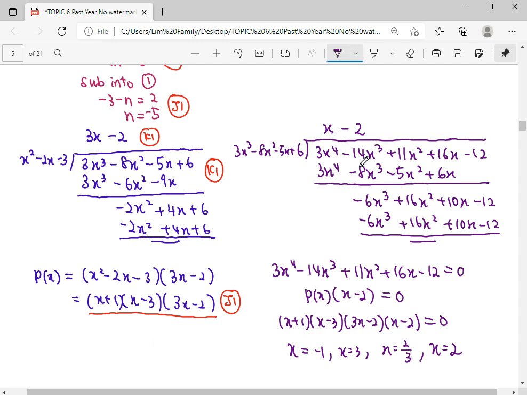Alright, so you can see this polynomial of power 4 is our px times our x minus 2. Both of them are factors of this polynomial of power 4. From the factors, we can find the roots.